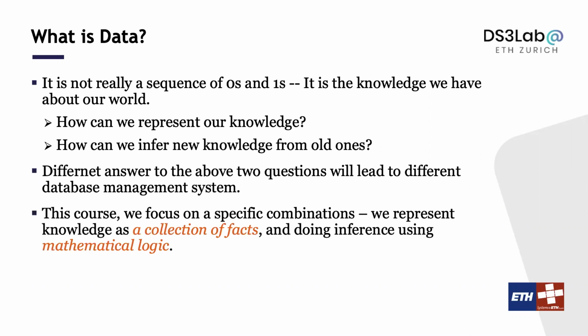We are going to think about our knowledge as a collection of facts. And then we are going to treat inference, not by taking a statistical view, but taking a mathematical logic view. Essentially, our knowledge is a whole bunch of first-order logic facts that we know are true in the application we want to build.